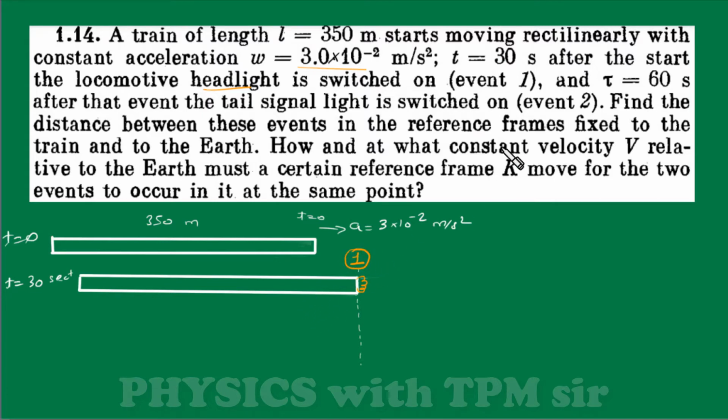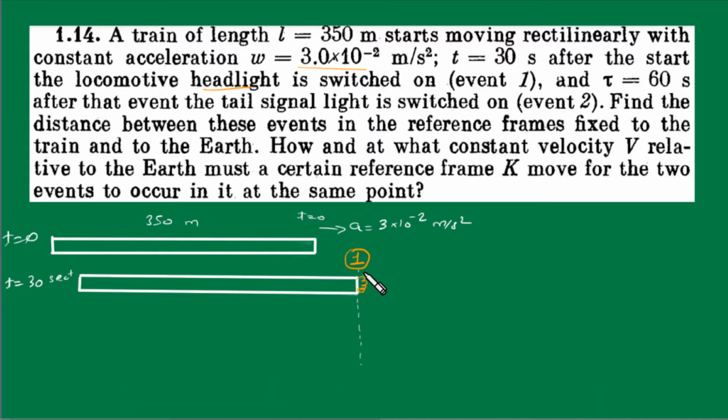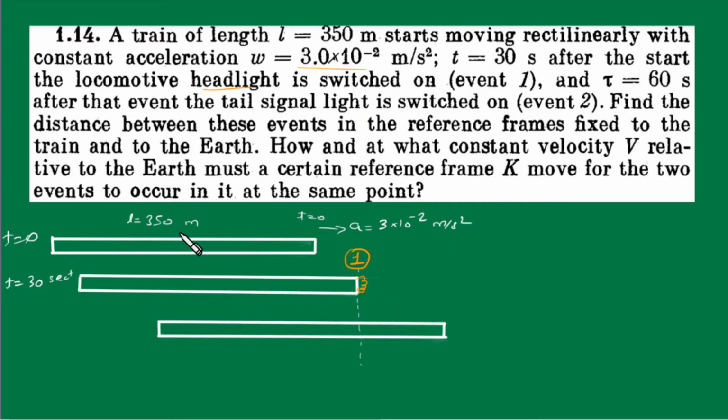Now they are saying that 60 seconds after this event, the tail lights are on. So let me draw the diagram for this train after 60 seconds of this event. So suppose this is the position of the train after that, and at this instant tail lights are switched on.